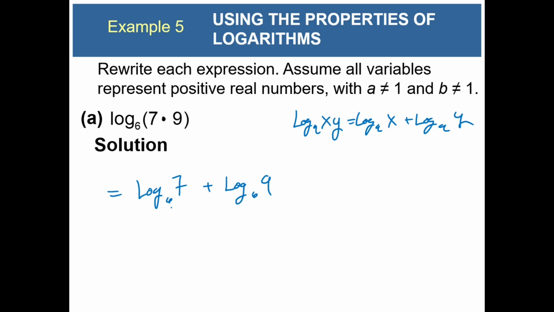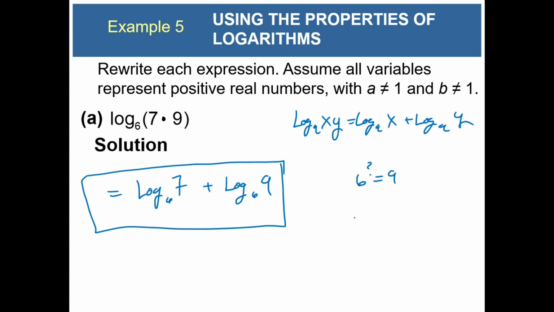We'll try to evaluate these if possible. 6 to what power gives us 7? Well, there's not a good number for that, so we'll leave this as simplified. 6 to what power gives us 9? That's also not possible without a calculator, so we'll leave this as our solution.